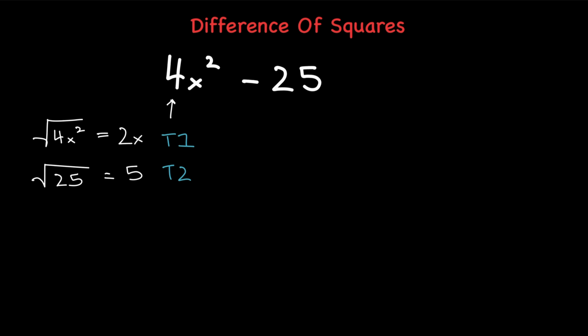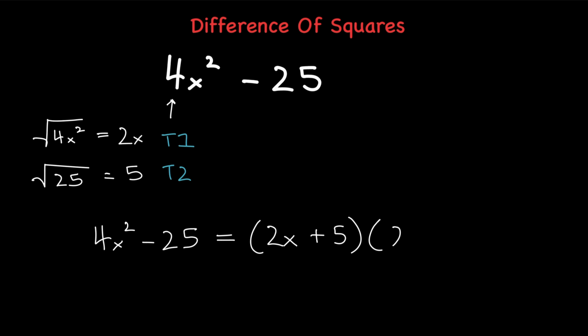So now we can write the factorized form, 4x squared minus 25 equals 2x plus 5 multiplied by 2x minus 5. And this is the factorized form using the difference of squares.